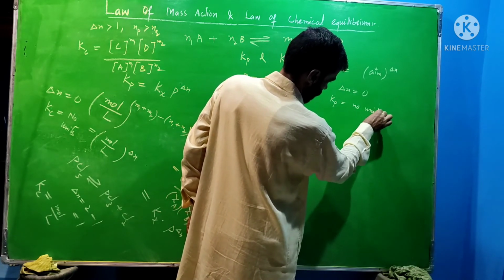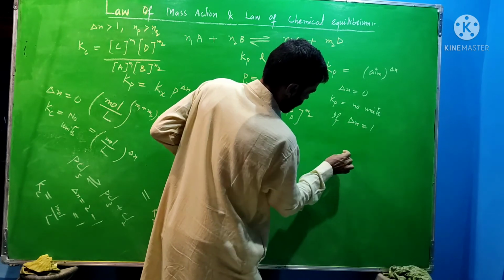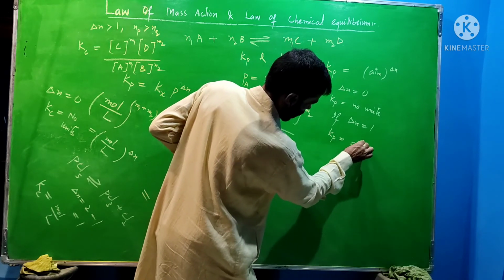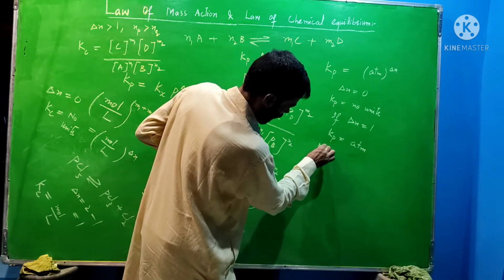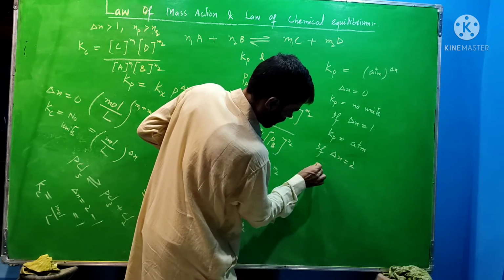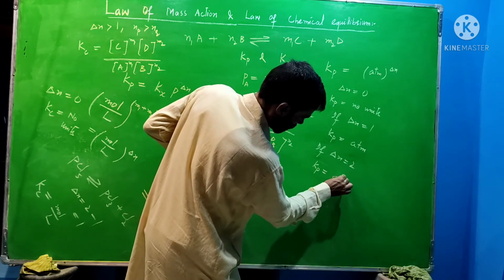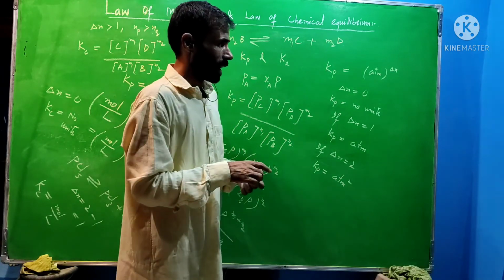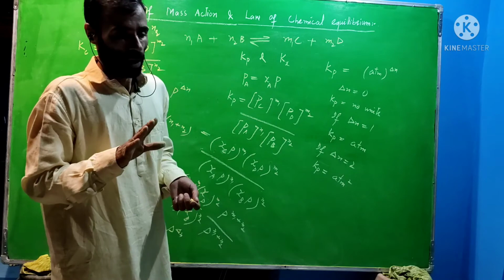If delta n is equal to 1, then Kp has the unit of atmosphere raised to power 1, meaning atmosphere. If delta n is equal to 2, then Kp has the unit of atmosphere square. In a similar way, for negative values, we can calculate the unit of Kp for a given reaction.